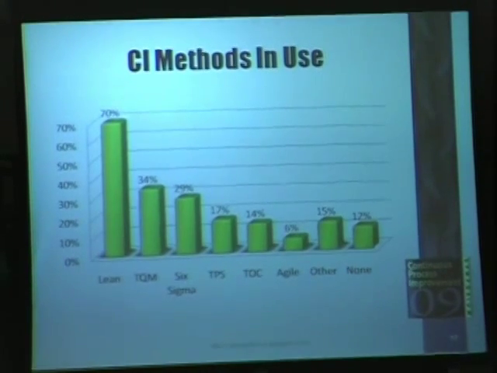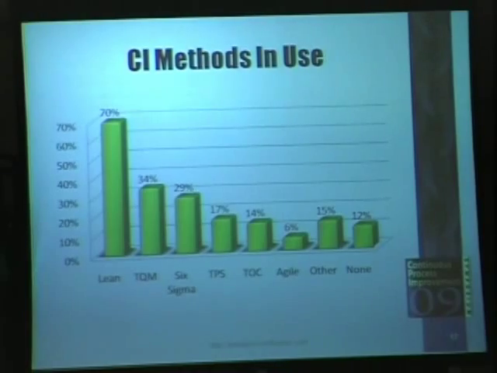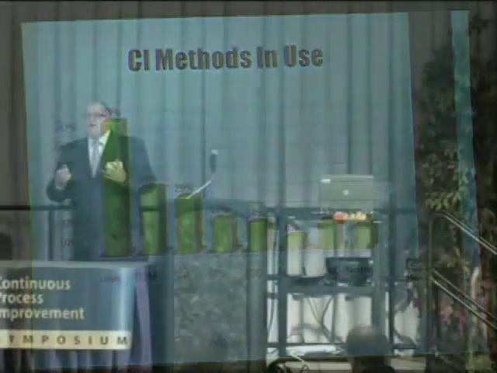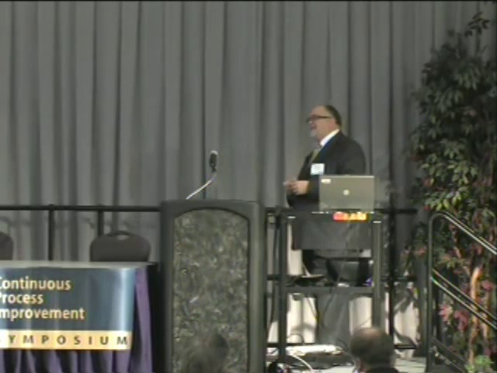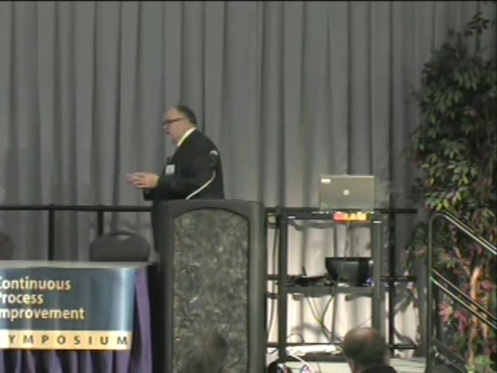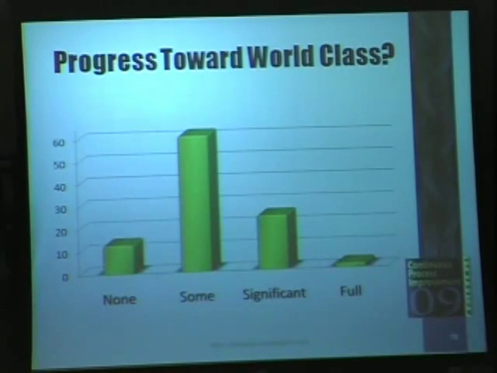So it's not like we're not doing anything. We're trying, but what's telling is the next question. How many of you feel that your business is making progress towards world class? The result is that less than 25% of the plants find that they're making significant progress to world class. So that tells us that whatever we're doing is not working.